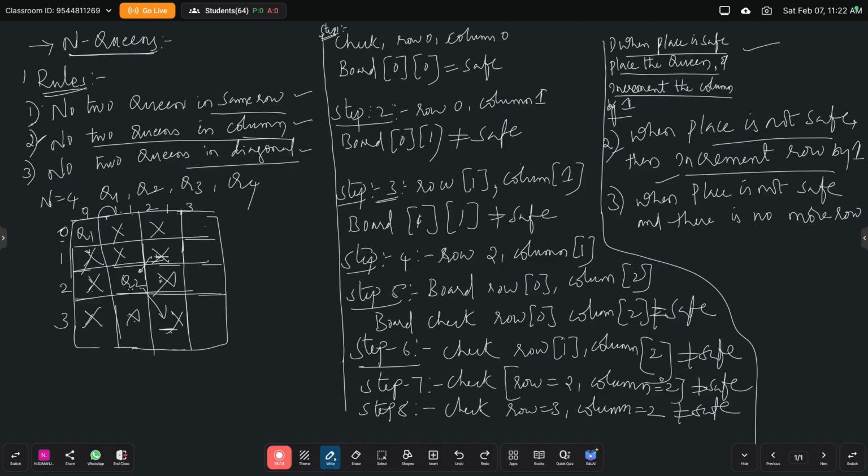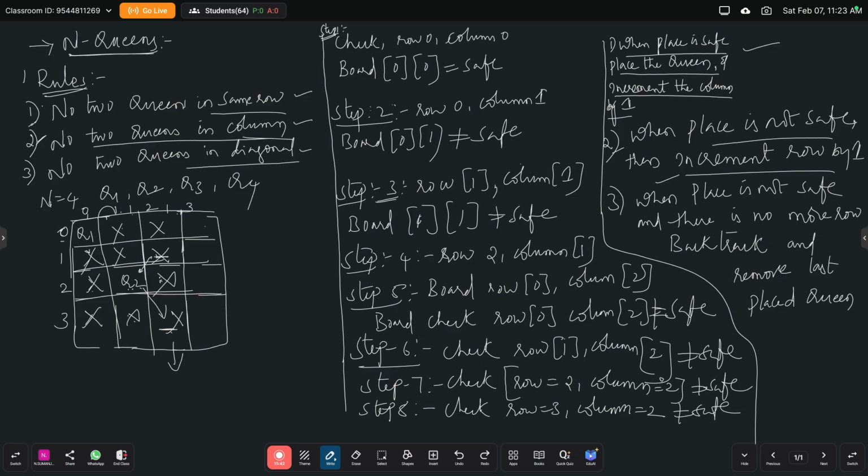The place is not safe, and to further increment there is no more row. At that time, we have to use the backtrack technique: backtrack and remove the last placed queen.